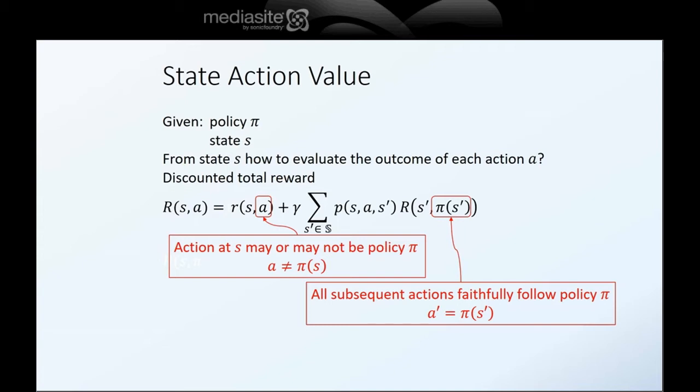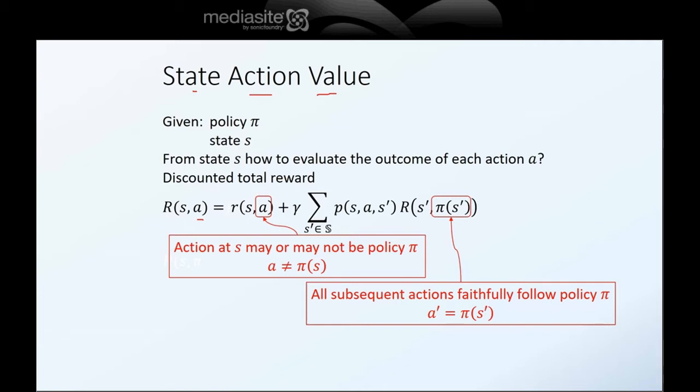Now, this action A, if you see here, we are looking for how good it is for a given state and a given action, and that is the value. So we have to find how valuable it is to take each action from a given state.